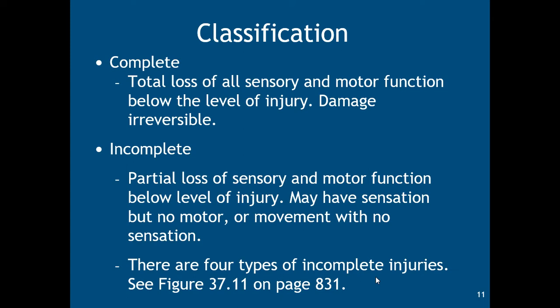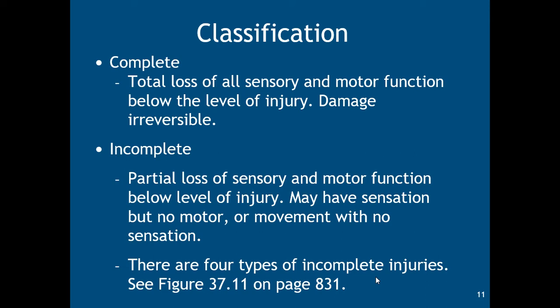So classification. Spinal cord injuries are divided into two classifications, either complete or incomplete injuries. Complete, there's total loss of all sensory and motor function below the level of injury. Damage is irreversible. Incomplete, you'll have partial loss of sensory and motor function below that level of injury.